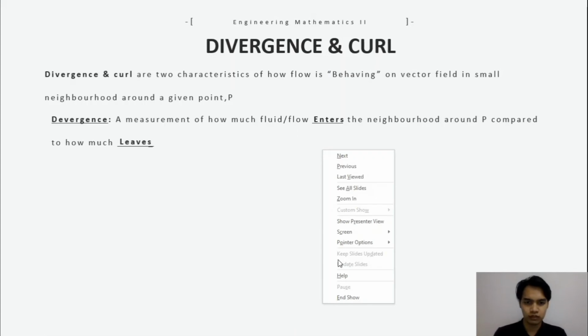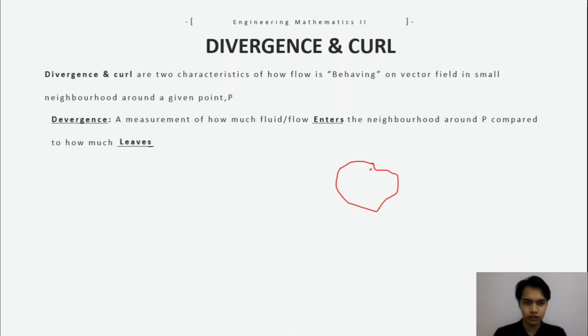For example, this is the vector field and this is point P. This is the flow of fluid that comes in and will go out. So this is the divergence. What's going in will go out.